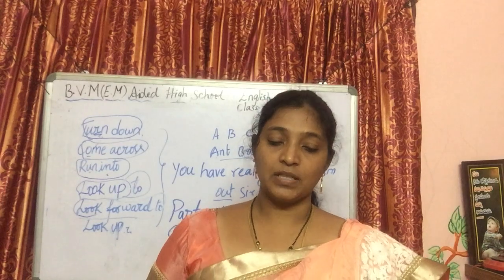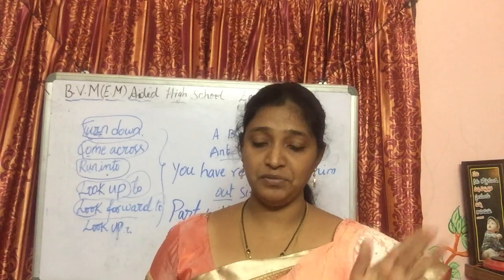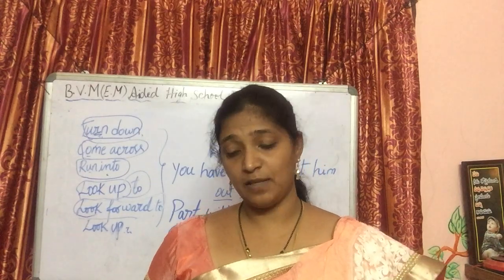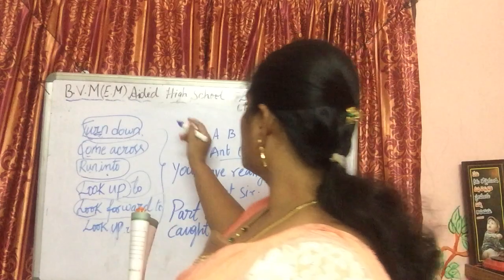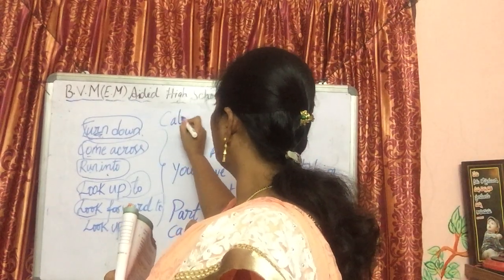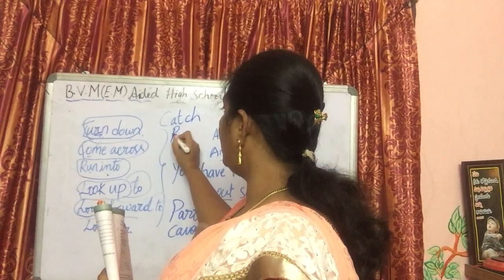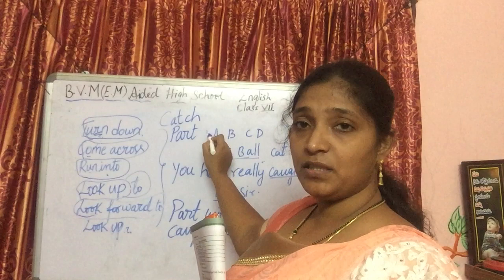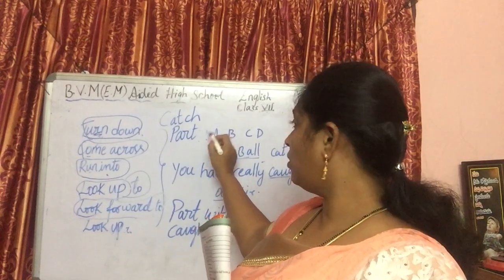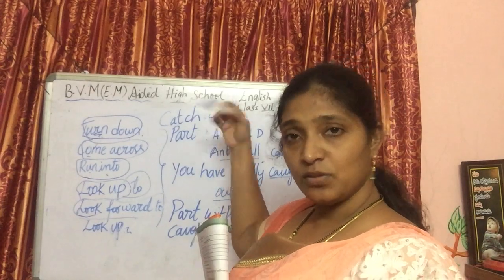Consult a dictionary, which means you all should have a dictionary by now, and list other phrasal verbs beginning with "catch" and "part." So you have to find phrasal verbs with catch and part, which means you can find "part with," "part to," like that, "catch with you later," all those.